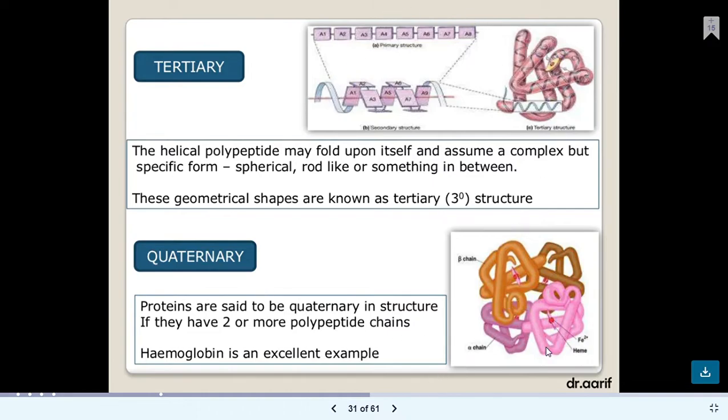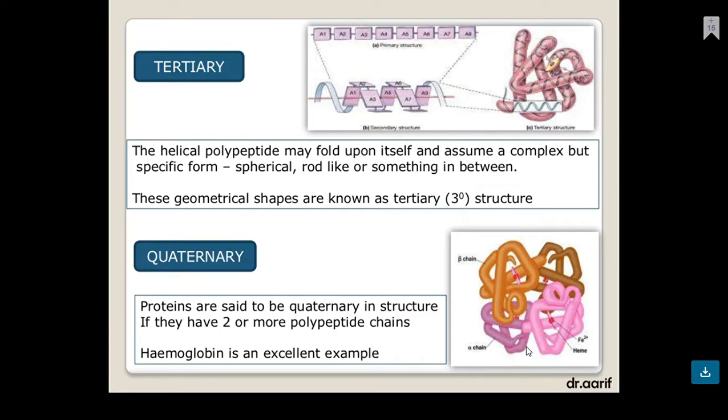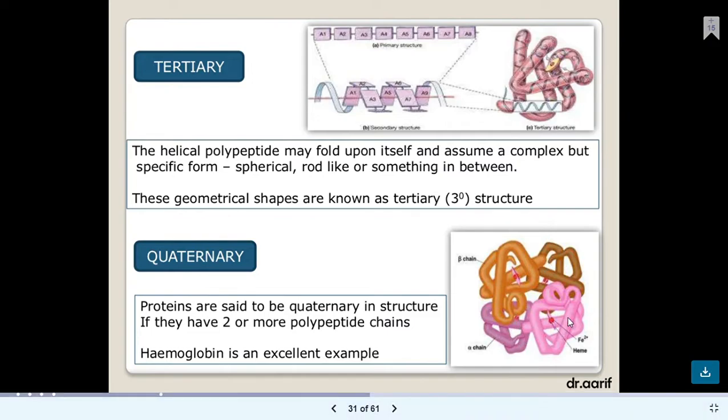In the quaternary structure, two or more polypeptide chains link together, for example two alpha chains and two beta chains, giving four sides, like a square kind of structure. That is called quaternary.